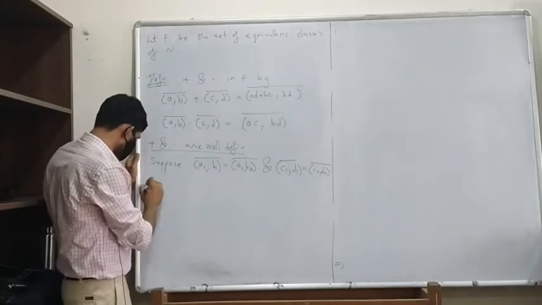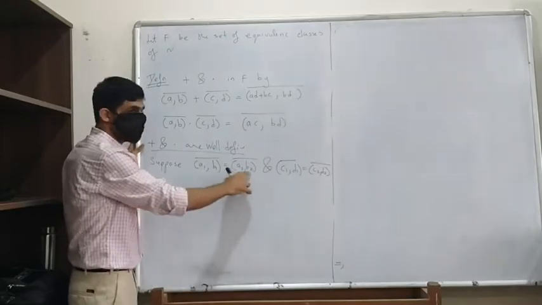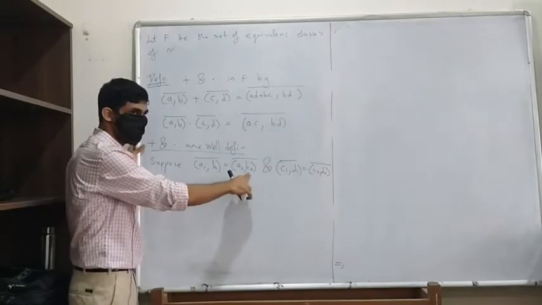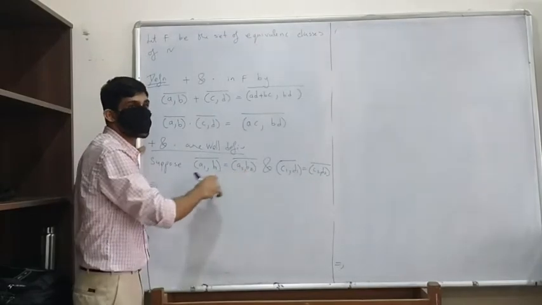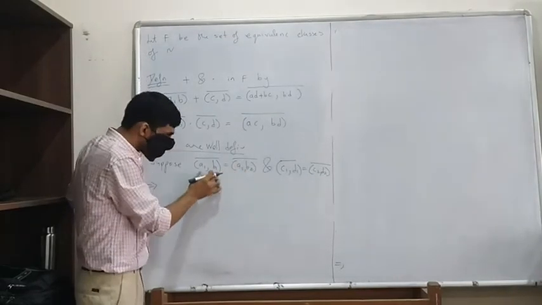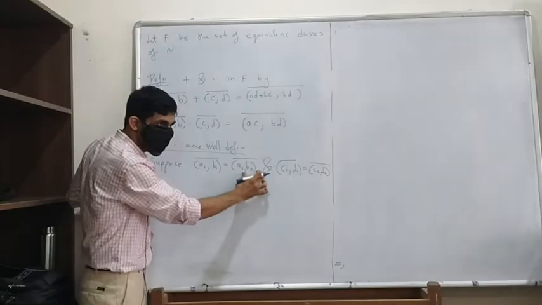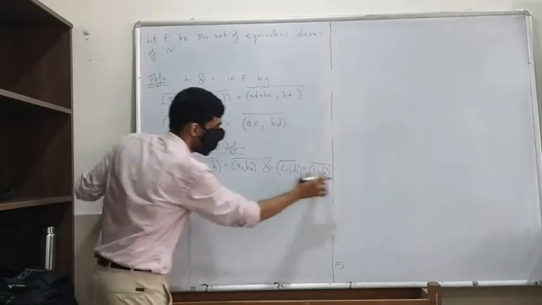So what does this mean? This means that these two are related, right? They sit in the same equivalence class. The equivalence class of this and the equivalence class of this is equal, which means that these two are related. Similarly, these two are related.